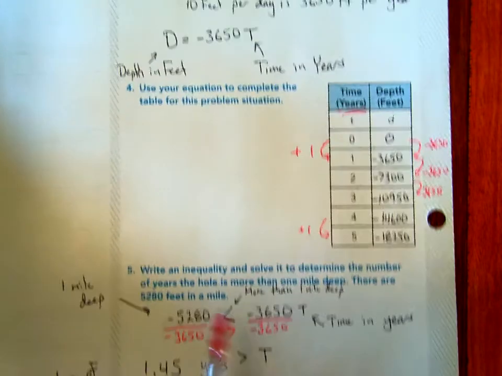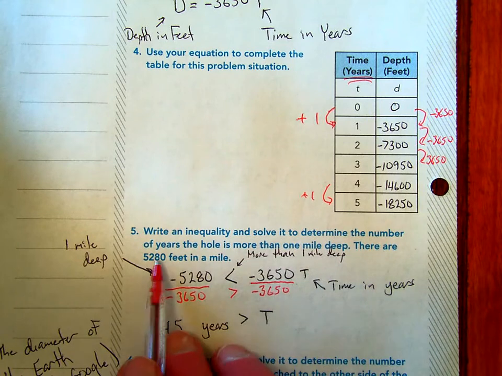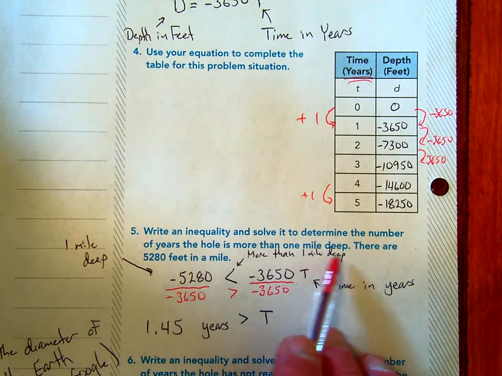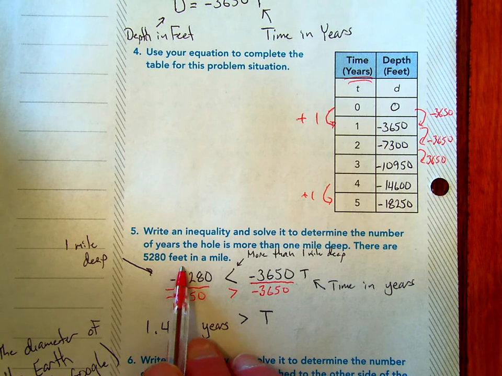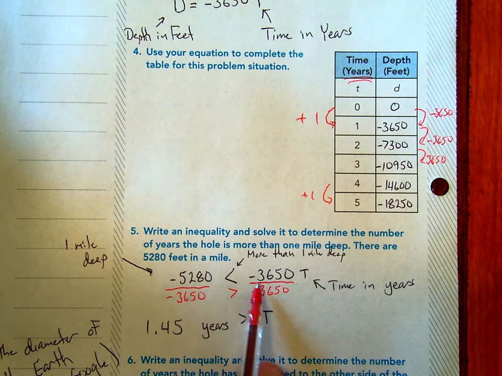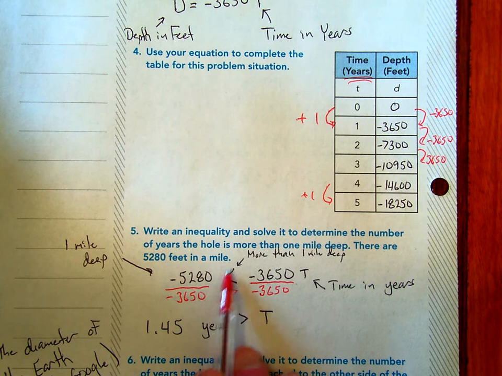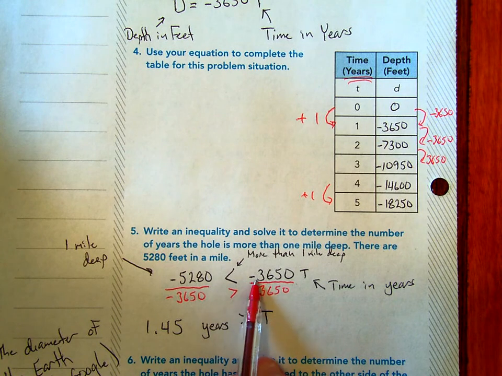Write an inequality and solve it to determine the number of years the hole is more than a mile deep. There are 5,280 feet in a mile, so we want to know when we're deeper than 1 mile. So a mile deep is negative 5,280, and we want to be greater than that. So negative 3,650 t.